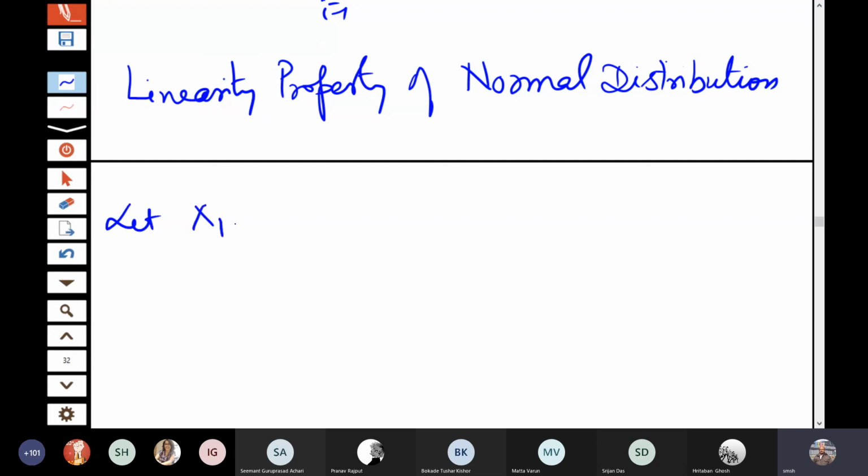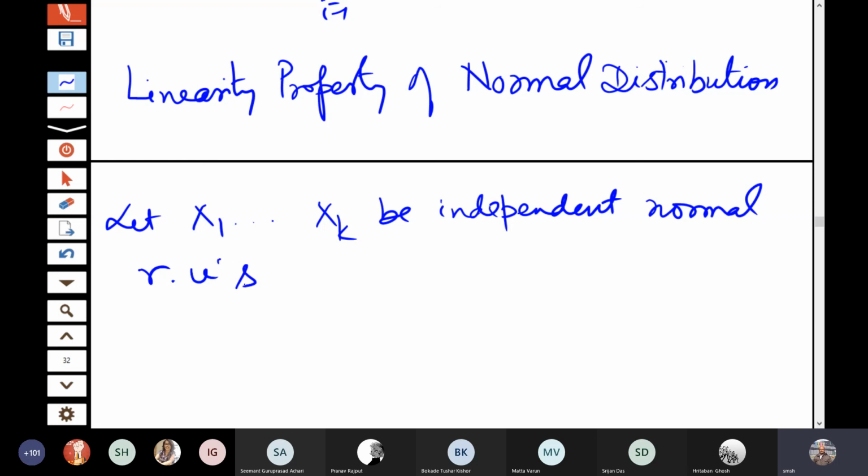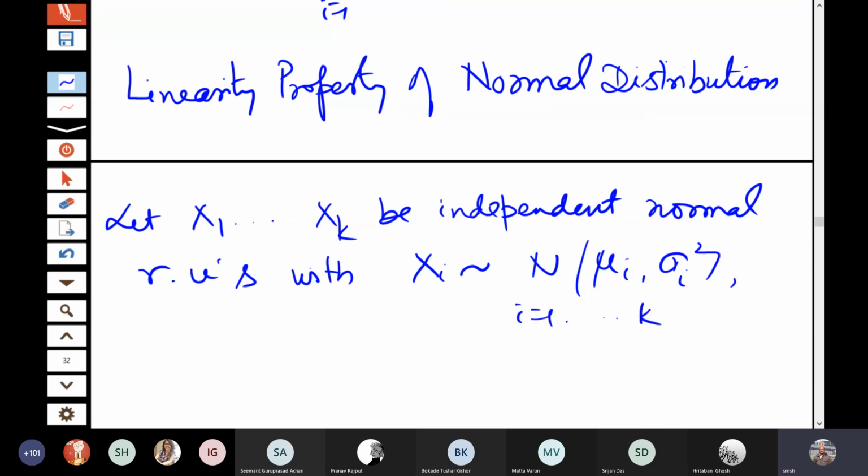Let X1, X2, ..., Xk be independent normal random variables with Xi following normal(mu_i, sigma_i square), for i equal to 1 to k.